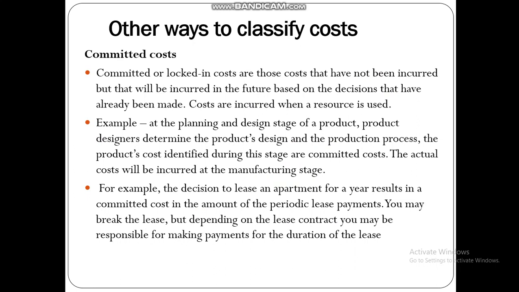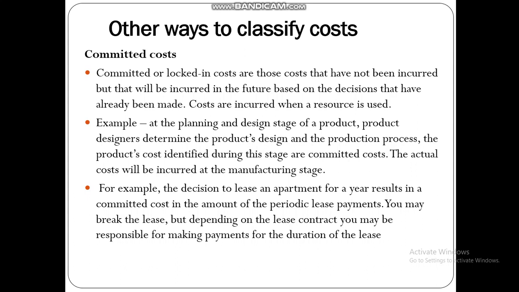At the designing stage, you have to incur the cost, but if you decide to manufacture the product, it will incur cost at the manufacturing stage. Whatever decision you make, whether you want to manufacture or not, the design cost at the design stage has already been spent. So committed cost will be irrelevant cost.